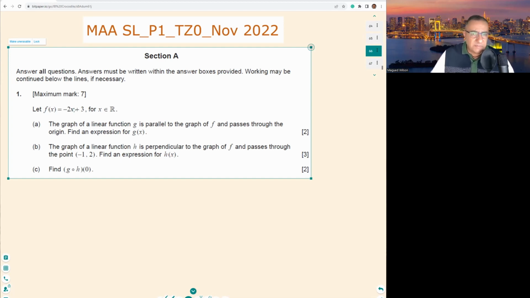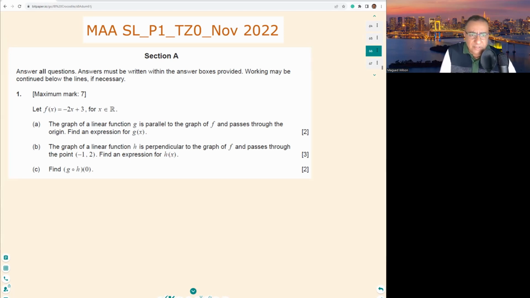Here the highest power is 1, so this is a linear function, expressed by a straight line. And if you remember the general form of a straight line function, y = mx + c, where m is the slope and c is the y-intercept.